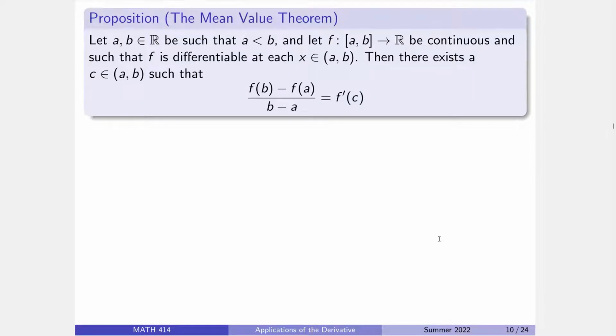Remember, the mean value theorem says that if you have a nice continuous function on a closed bounded interval from a to b, and you're differentiable everywhere on the inside, then at some point the derivative is equal to the average rate of change. You can easily convince yourself this is true by drawing the picture.